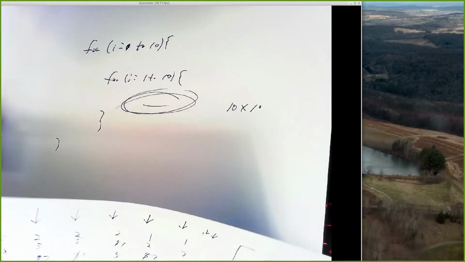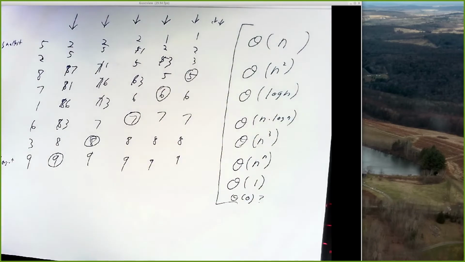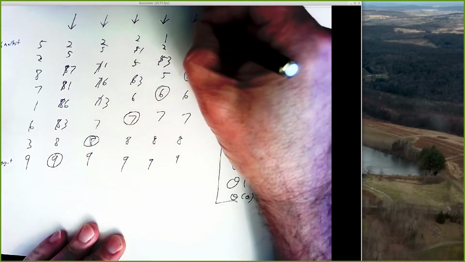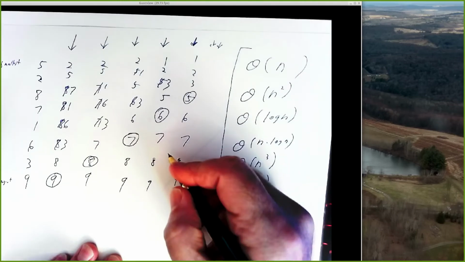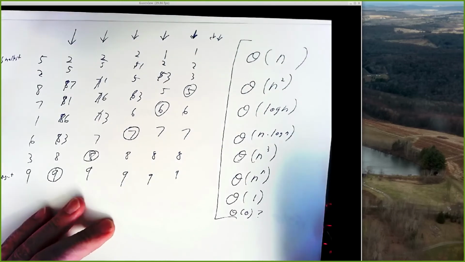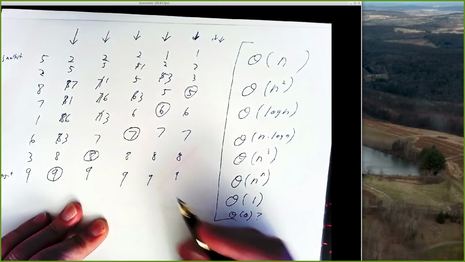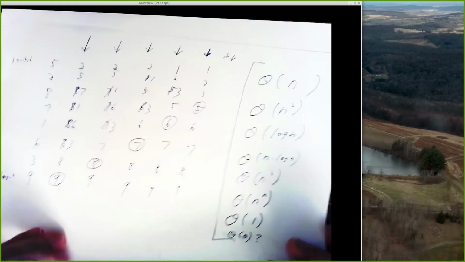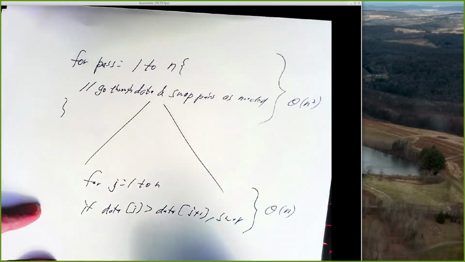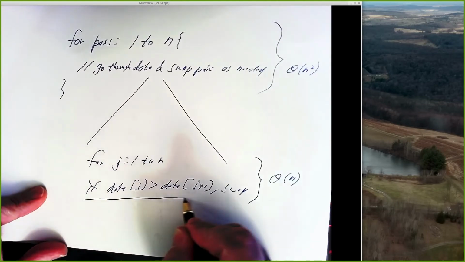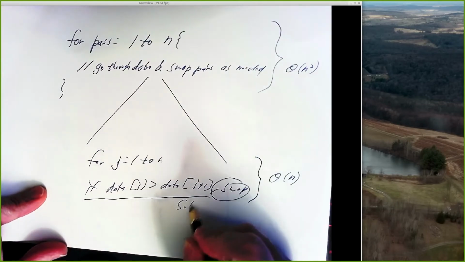All right, you can speed this up though. For example, once we got to this pass, and we made our pass through and tried to swap things that were out of order, guess what? We didn't have to swap anything. All of these were already in the correct order. So we could modify this algorithm so that if our data is out of order, we swap it and we set a flag.